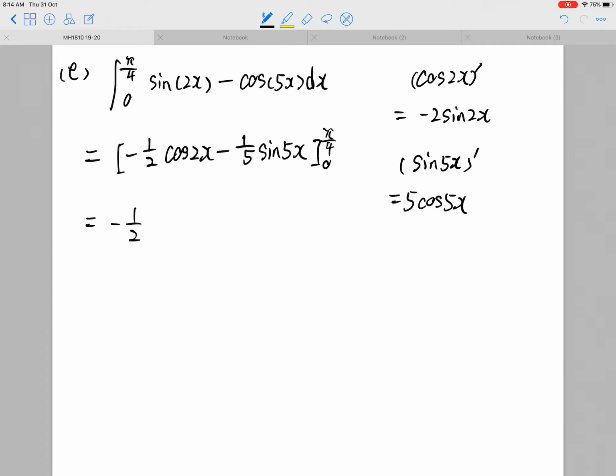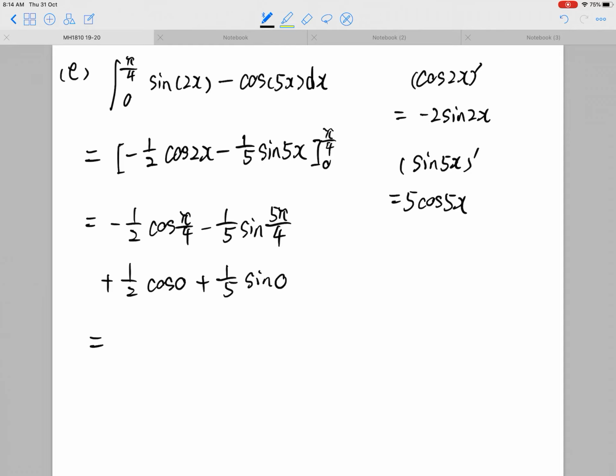So it's negative half cosine half pi minus sine 5 pi over 4, right? Plus half cosine 0 plus 1 over 5 sine 0. So this part is 1, this part is, so negative half square root of 2 over 2, right? Minus 1 over 5. So this part is negative square root of 2 over 2 and plus half.